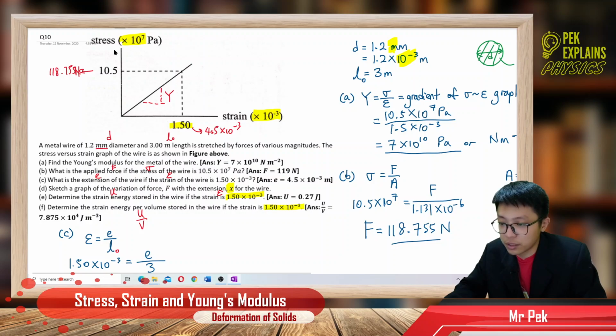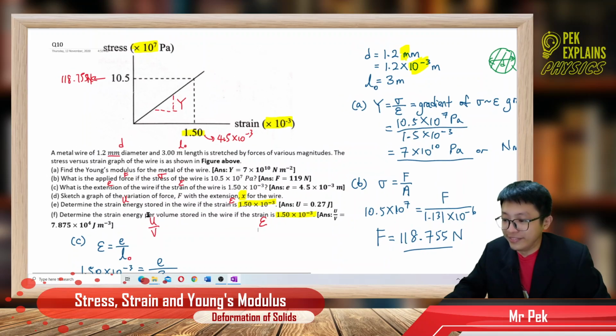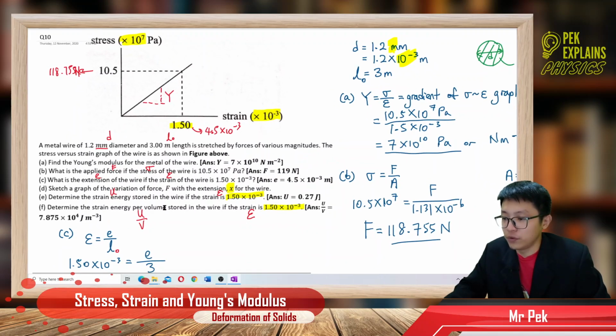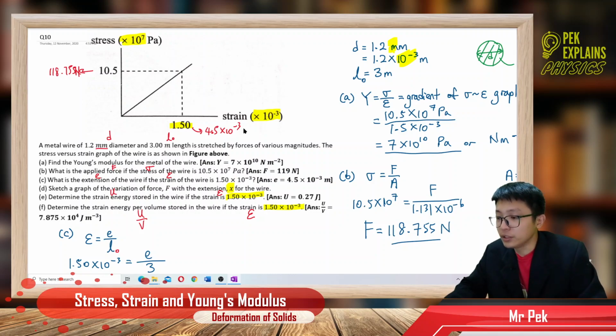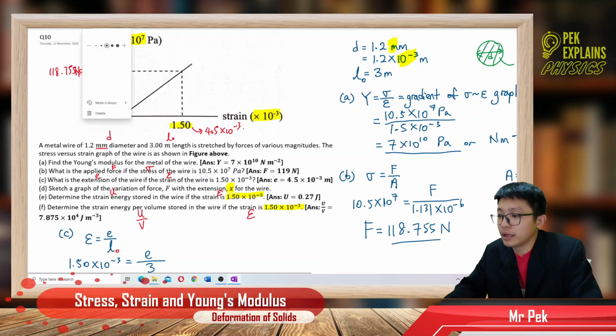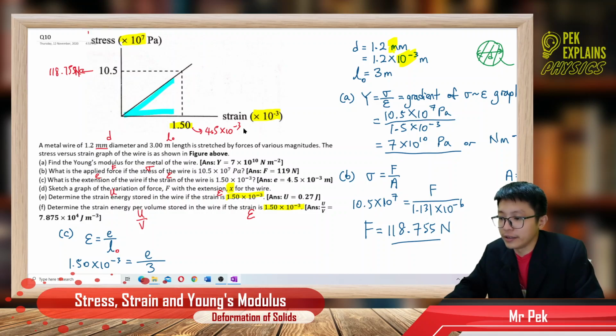What is the strain energy per unit volume stored in the wire? For this one, strain energy per unit volume, we get from the stress strain graph, which is this area.